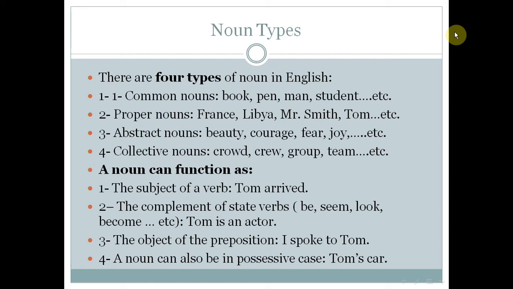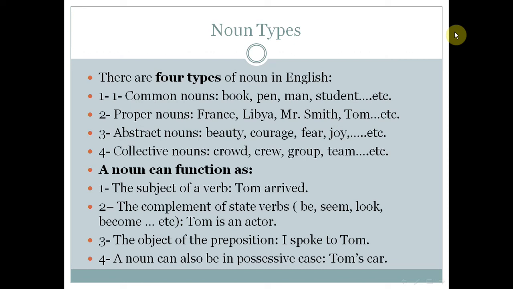These verbs cannot be in continuous tense. They should be in simple tense. There are some exceptions that I illustrated for you. But now, here, a noun can function as the complement of state verbs.